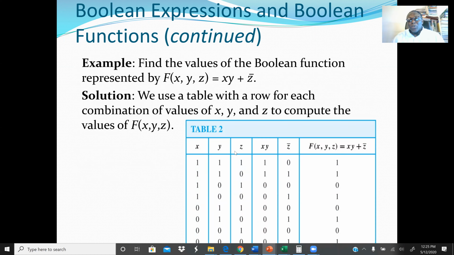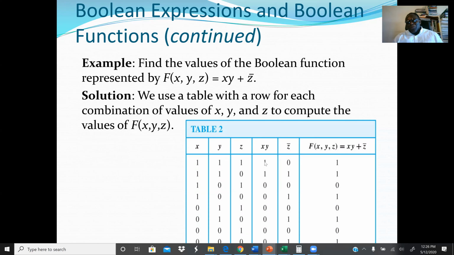So let's see this example, hopefully it may help us a little bit. For example, I have a Boolean function f with three possible variables, but the expression is xy plus z invert. First, I'm going to count how many variables I have. It's 3. If I have 3 variables, and normally we call this the truth table, the possible combinations will be 8, because as we saw earlier, it is B to the power n, where n is the number of variables.